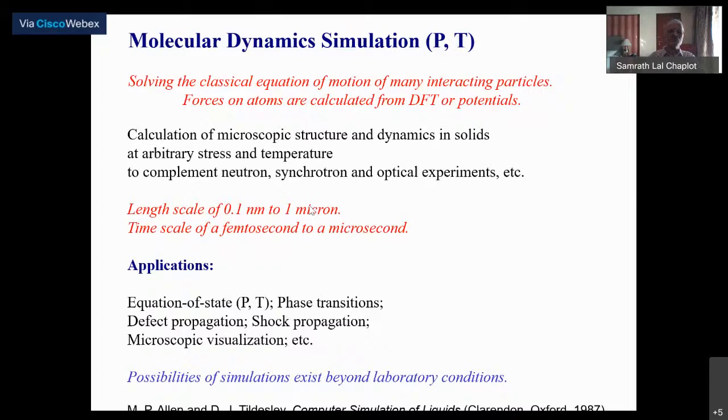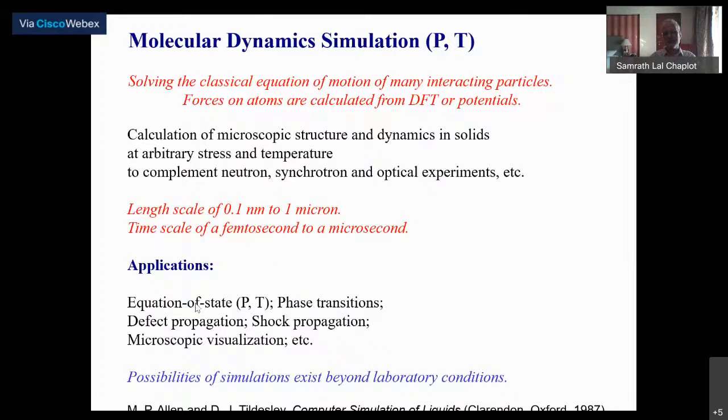Because you have to work at the picosecond scale, even if you repeat the process and solve the equations of motion a million times, you are still going to reach only a microsecond. However, this is still extremely useful because the actual microscopic processes that take place inside the solid, whether phase transitions or any other stochastic or periodic dynamics, actually occur within these length scales and time scales.